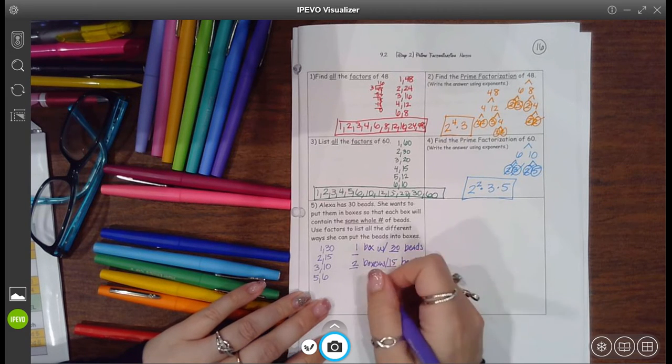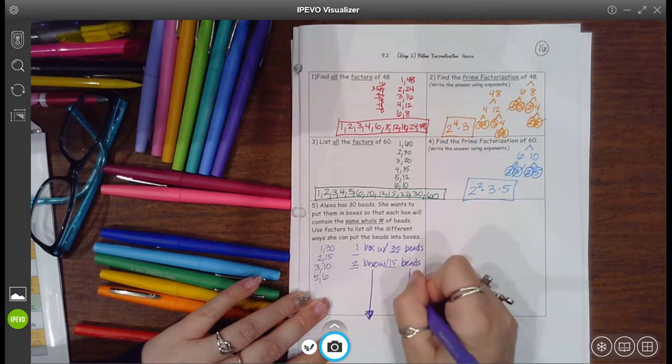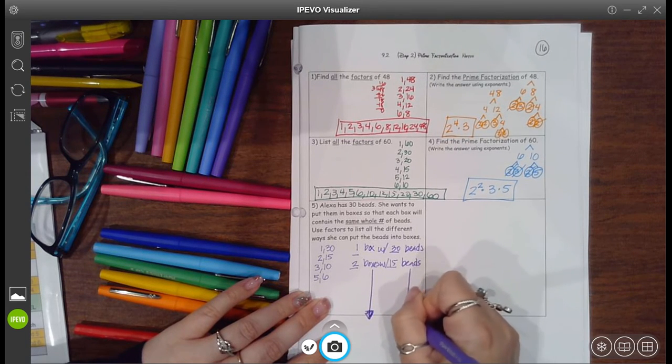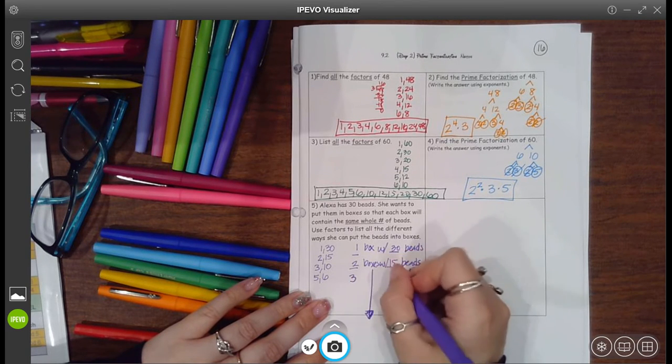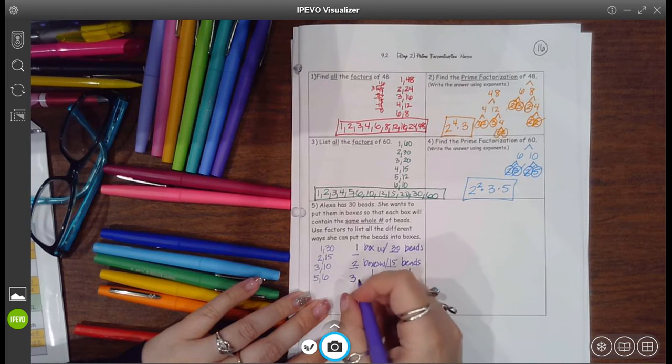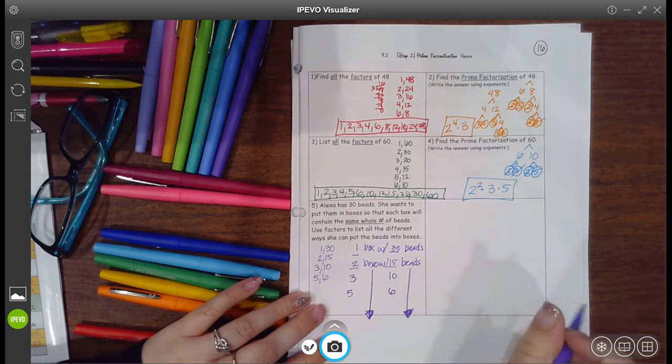Okay, and I think we get the point. I don't need to write these words out anymore. But we can do 3 boxes with 10 beads. We can do 5 boxes with 6 beads. And then most of us would think that we can just stop right there.